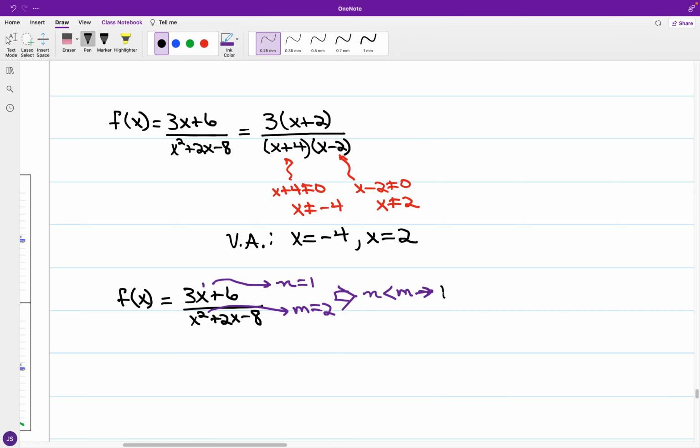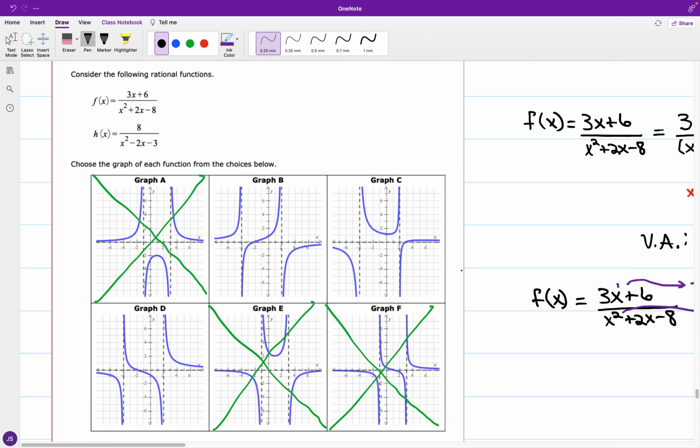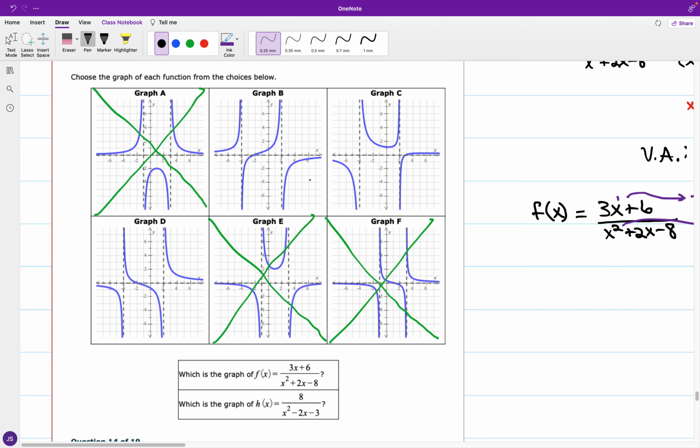So we're going to have a horizontal asymptote at y equal to 0, namely the x-axis. I believe that B, C, and D have the same horizontal asymptote. So the vertical and horizontal asymptotes are common to graphs B through D.